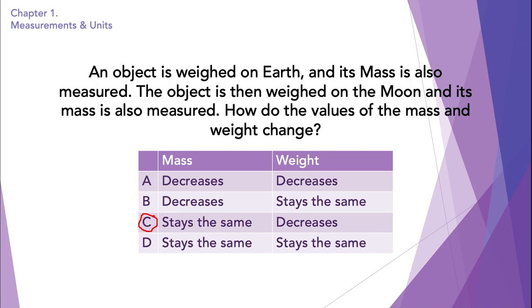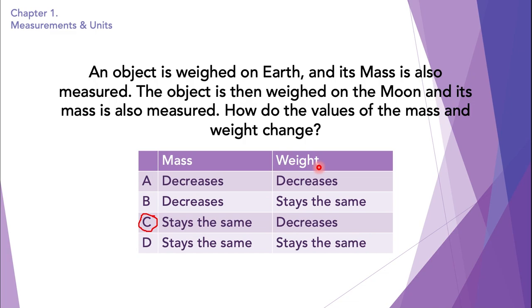How? Because we know that the mass of an object never changes, whether it's on Earth or on any other planet or even in space. The mass of an object stays the same, whereas the weight of an object can vary. Because the weight is a force, the weight is basically a measure of the Earth's gravitational force.